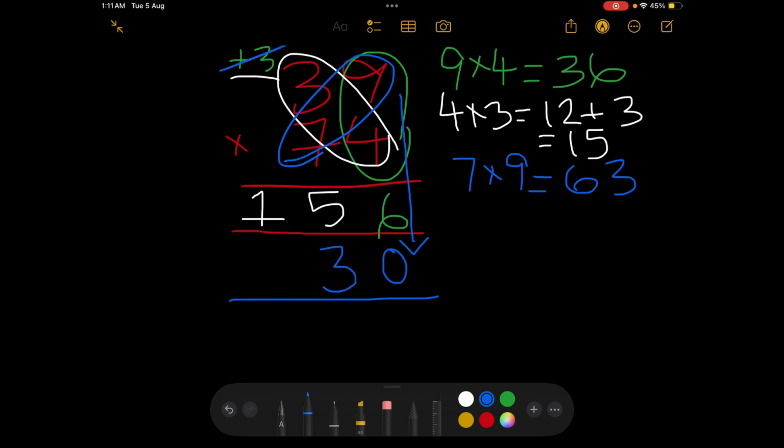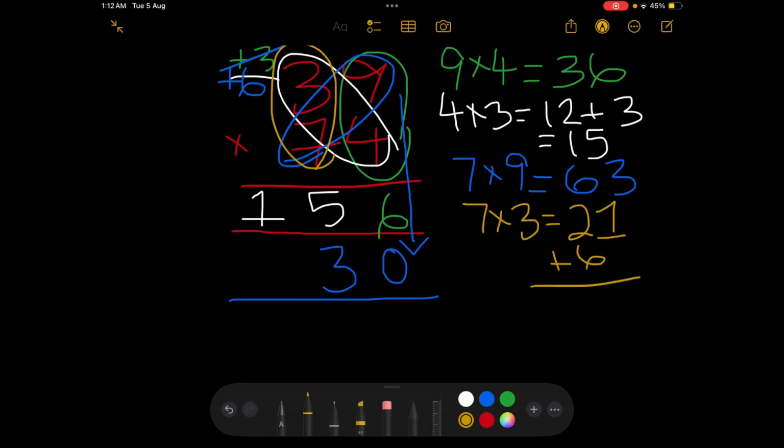Don't need that anymore because we've already used that in the last equation. So we'll plus 6. And then we do 7 times 3 plus 6. So 7 times 3 equals 21. And then plus 6 equals 27. So the 7 goes there, 2 goes there.